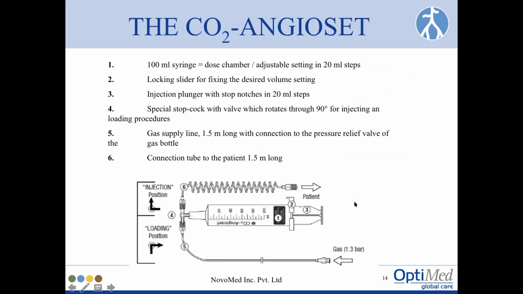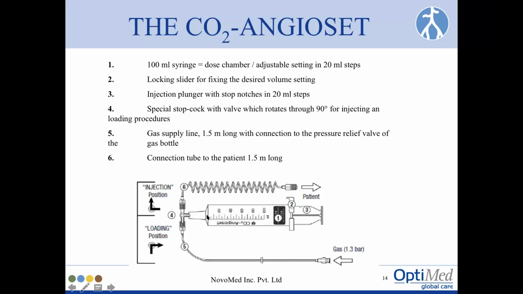So you need to get this valve system if you want to start doing your angiographies. This is just to tell you what the whole contraption is about. There is a 100 ml syringe, and once you connect this to the gas and this to the patient and open this valve, it's like an IV set with a two-way valve: you can tweak the valve in one direction or the other and fill up this syringe.